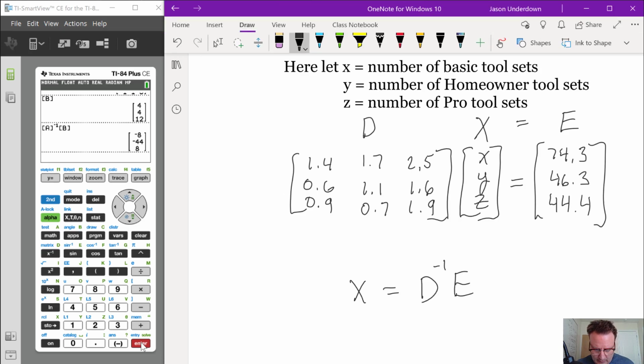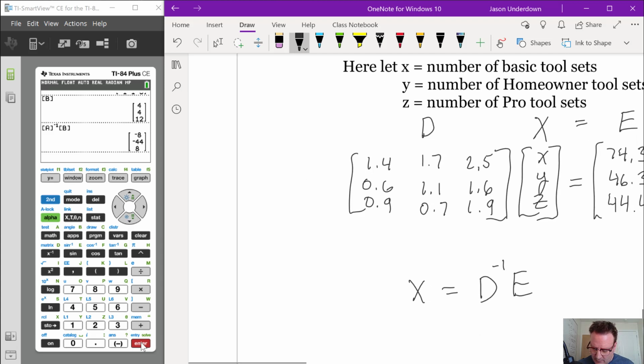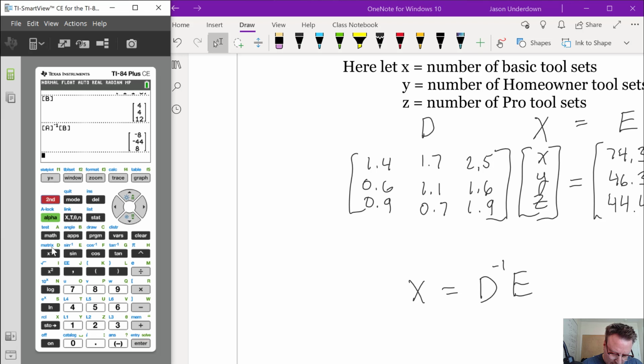Let's see here. Okay, I put these matrices into the calculator like I said. Oops. Let me go to the matrix menu. D, notice D is a 3 by 3 matrix. Let's pull that up. Okay, yeah, you can check that that does match the data table we were given.